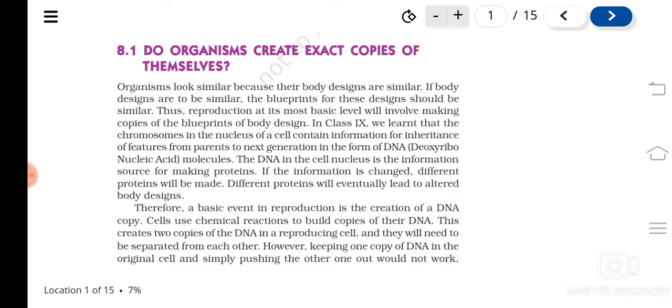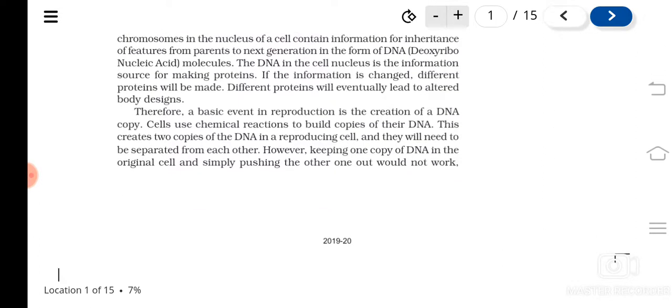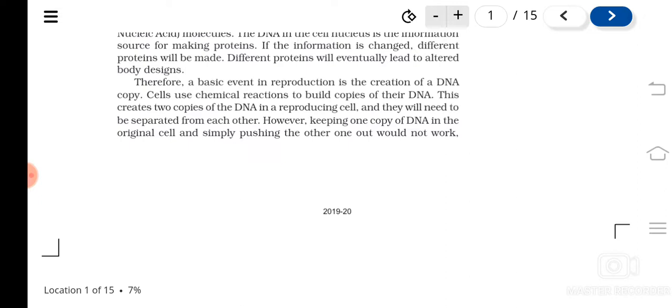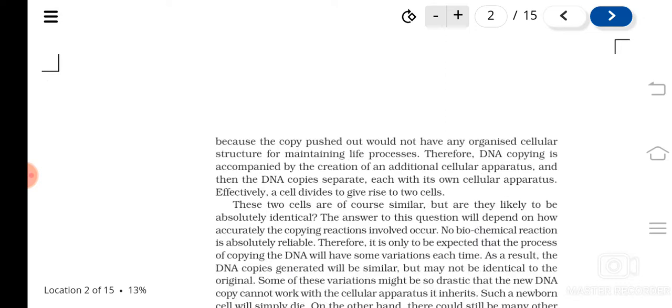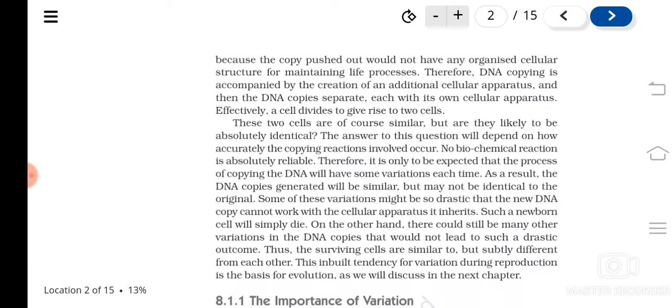The basic event in reproduction is the creation of a DNA copy. Understood? So DNA will form another copy of itself, and this copy will be passed to the next generation, so that the characters of one organism can be passed to the next one. So copying of DNA is a very important thing in reproduction.